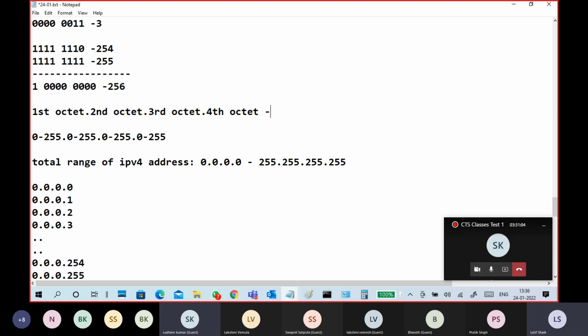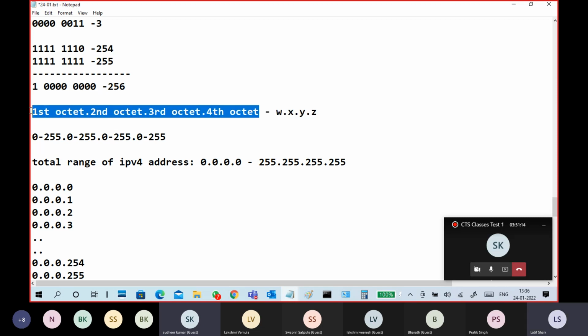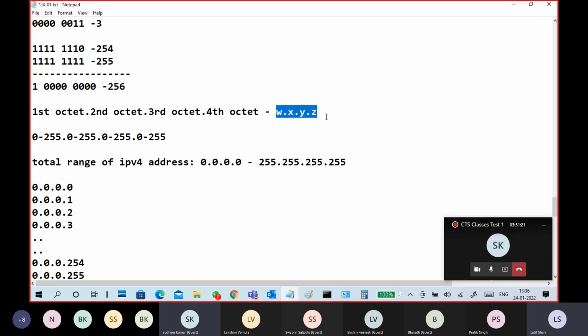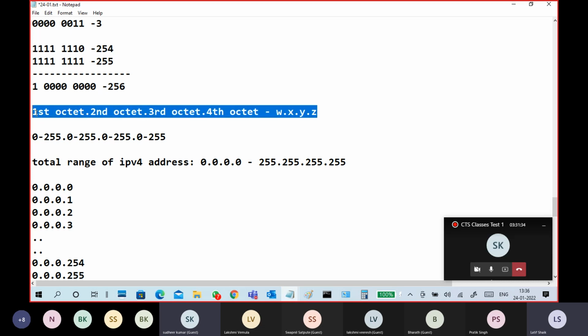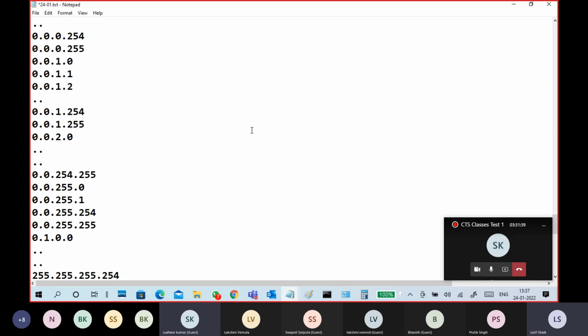Some people will call them W, X, Y, Z, which is easier to understand, though the original terms are first octet, second octet and so on. You must know both, and compulsorily you should know first octet, second octet, third octet.